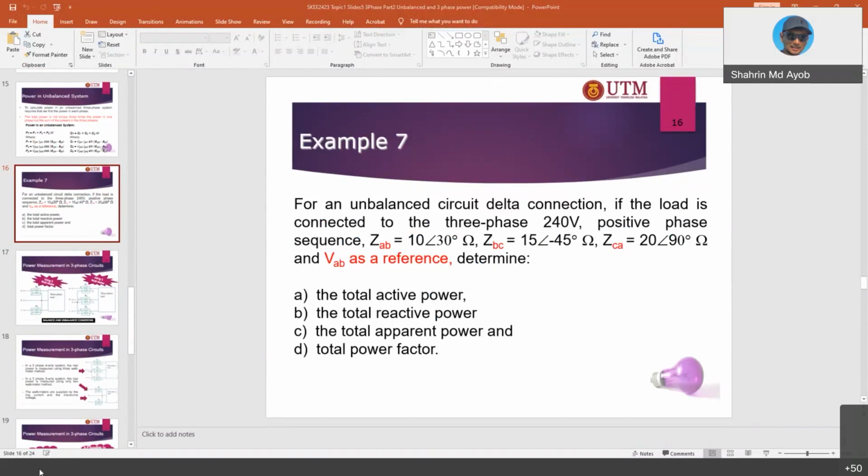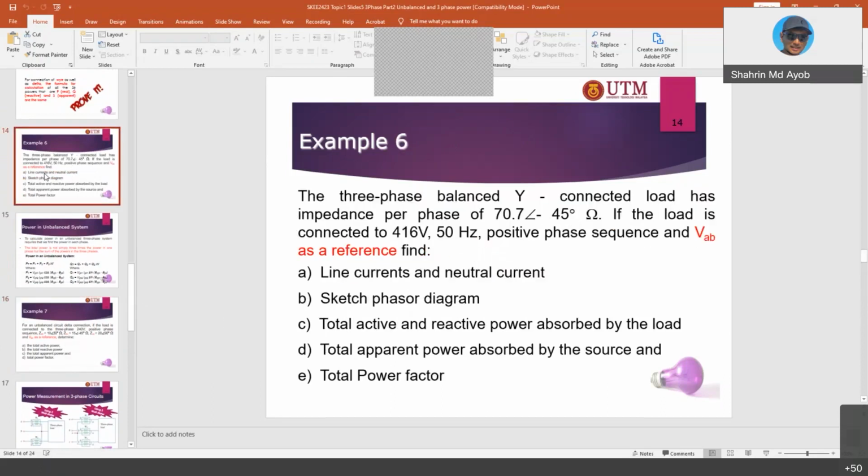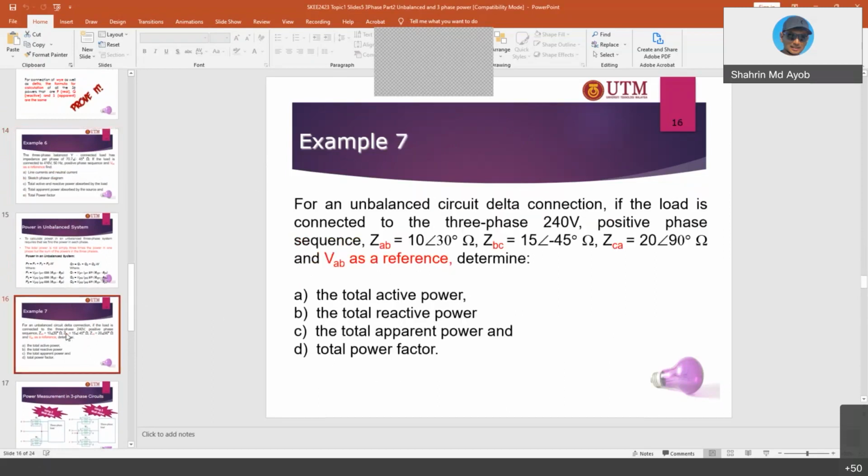Okay, example 7 and 9. So example 7, no, because it's actually quite similar to example 6. And since there is no answer, it's quite difficult for me also to do it.